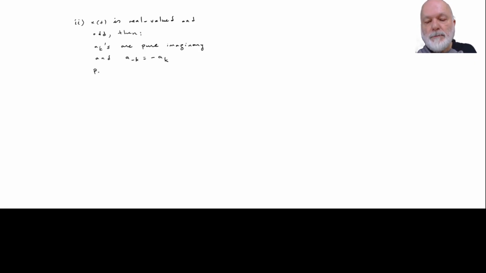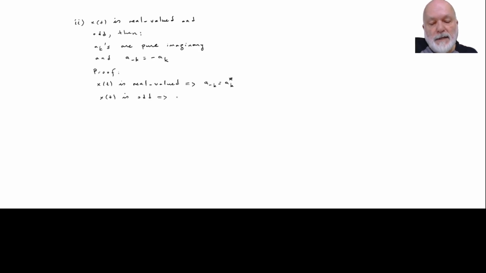Now, how can we prove this result? Again, we first use the fact that x of t is real valued. This implies that a minus k is equal to ak conjugate. And x of t is odd means x of t is equal to minus x of minus t. Therefore, a minus k will be equal to minus ak.